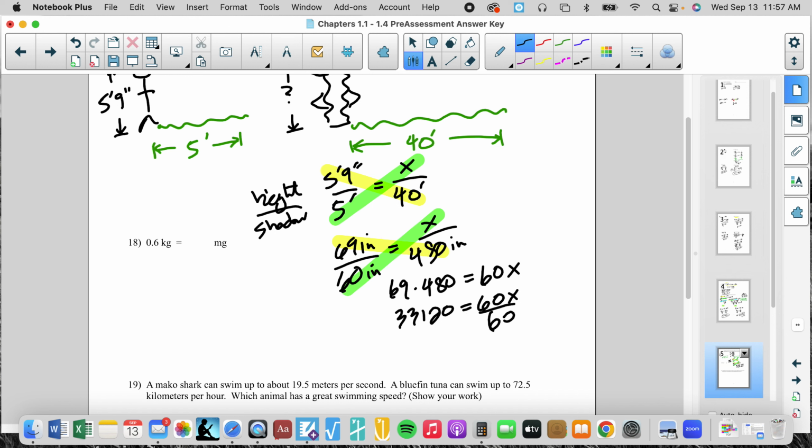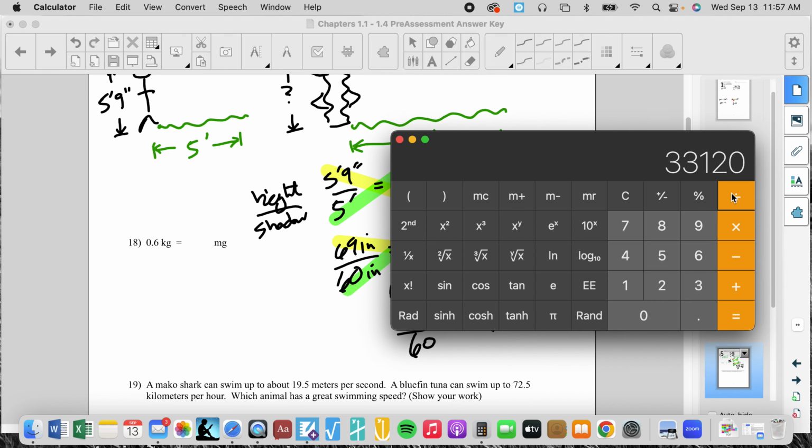Let's divide by 60. So let's take that, divide it by 60, and we get 552.